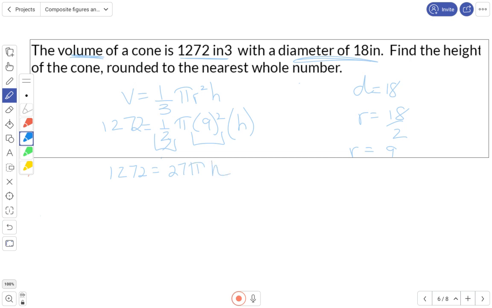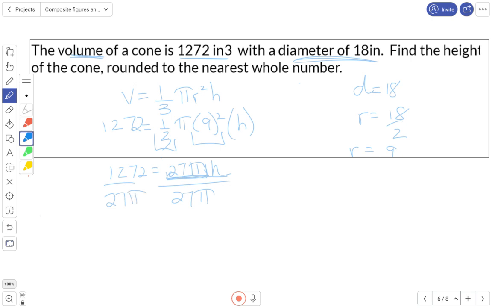So then what we are going to do is get rid of the 27 pi because we want to get h by itself. This is all connected through multiplication, so we just want to get rid of this. So divide both sides by 27 pi.